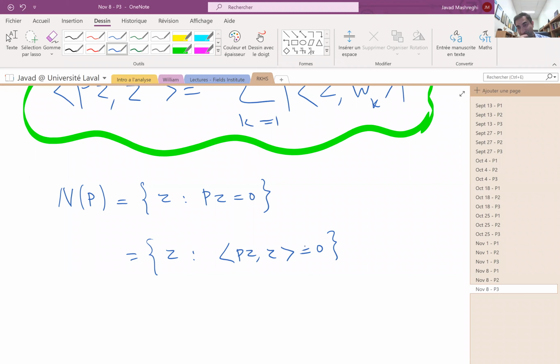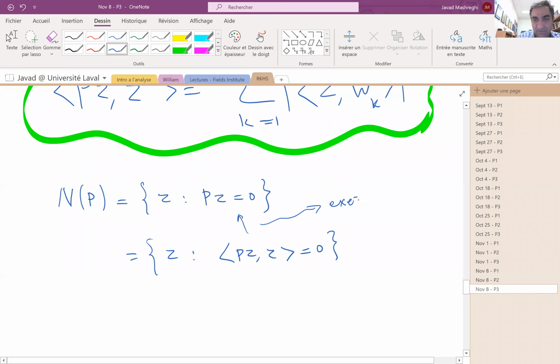This is a good exercise for you. Of course, if P of z is equal to 0, this one is equal to 0. But why, from Pz scalar z equal to 0, can we conclude that Pz is equal to 0? It's a good exercise. I leave it for you to do.